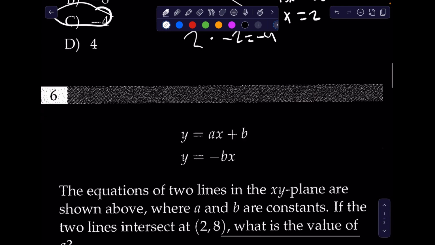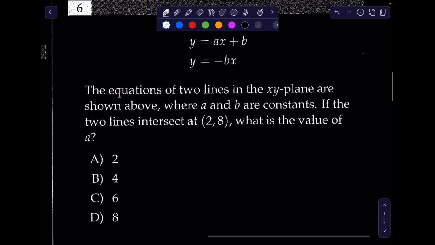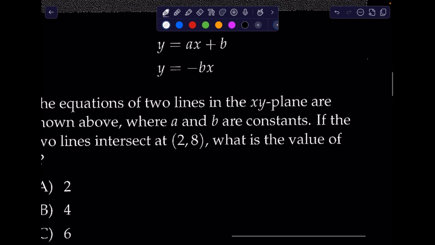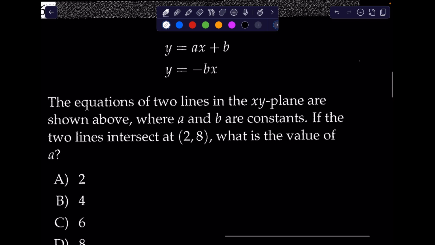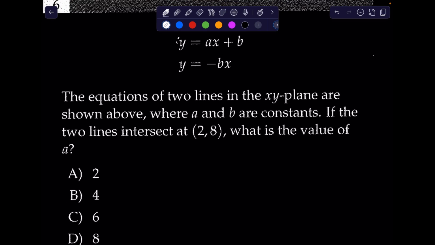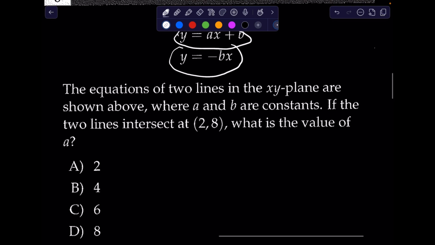And now we're here. So this is working with variables only. The equations of two lines in the xy plane are shown above, where a and b are constants. If the two lines intersect at (2, 8), what is the value of a? So here we know we have these two equations. We can set them equal to each other because y equals this and y also equals this.